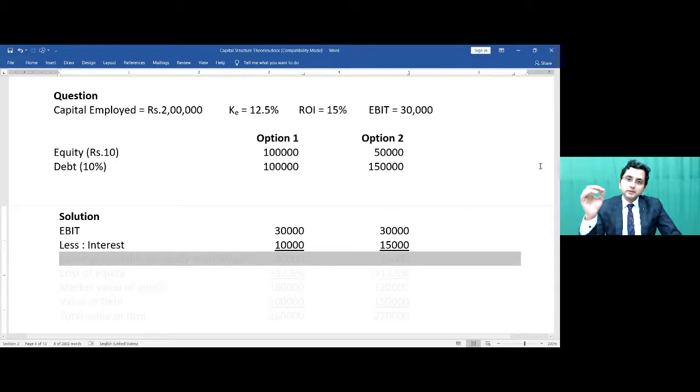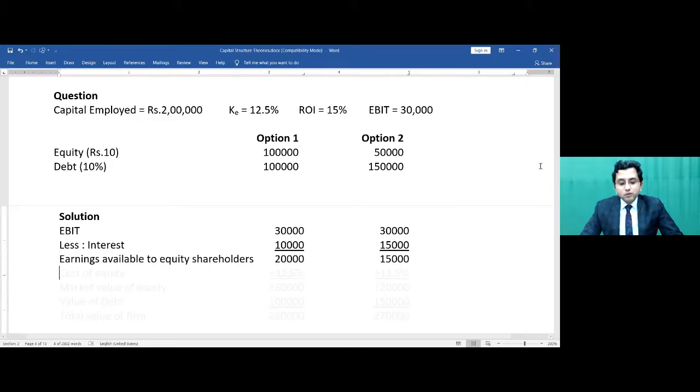So what is the way of calculation? EBIT less interest is profit before tax. Profit before tax less tax is profit after tax. Profit after tax less dividend on preference shares gives you earnings available to equity shareholders. But in this case, there is no income tax. That is the assumption of the NI approach. And at the same time, there are no preference shares. So EBIT minus interest will directly give me earnings available to equity shareholders.